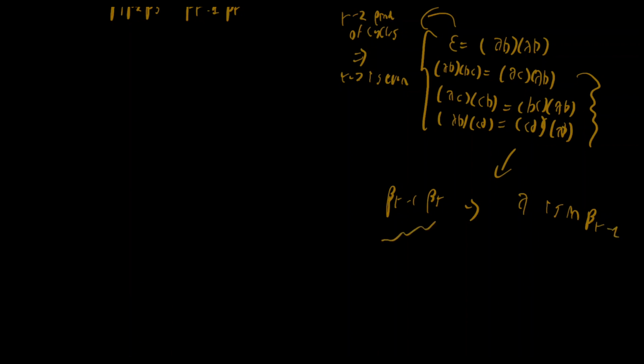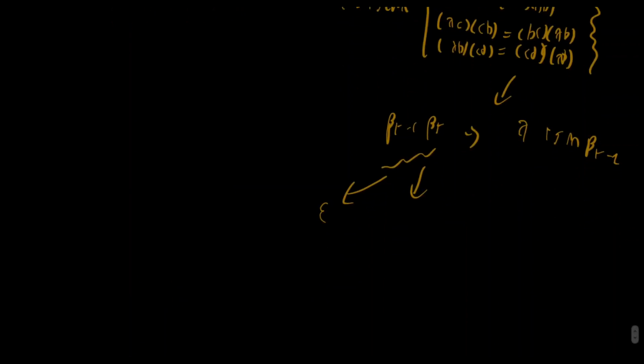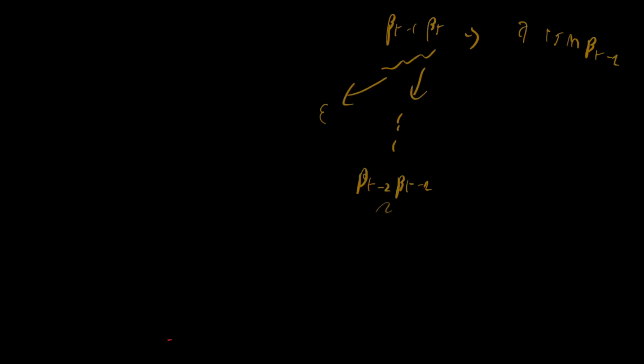And so now we get again two cases. This can either be the identity or one of the three cases above again. If we get one of the three cases above, then we just do the same and consider BR minus 2, BR minus 1. By repeating this, in the end we will necessarily end up with a product of R minus 2 two cycles.